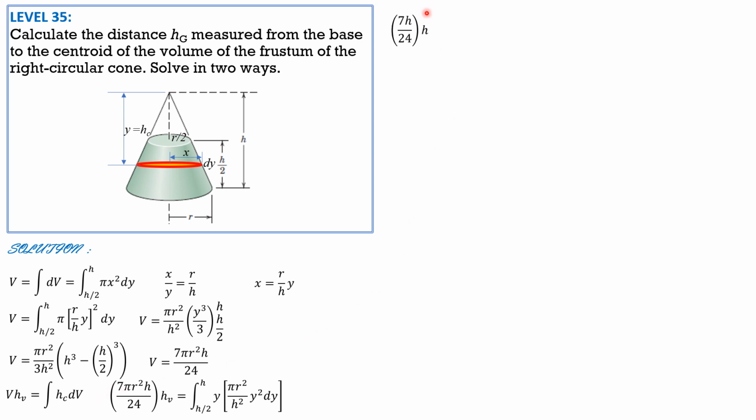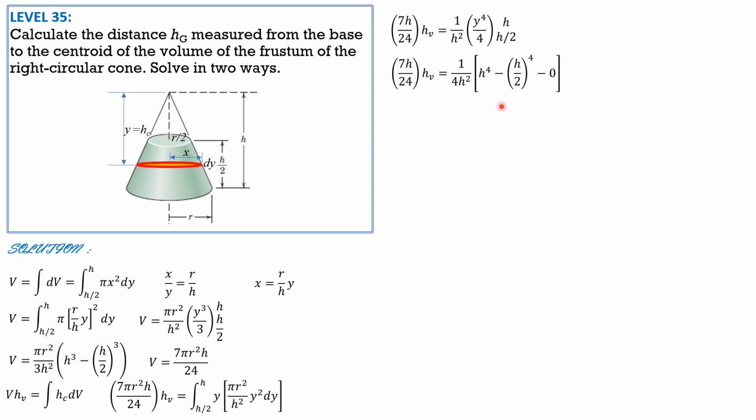So we have 7h over 24 times h sub v equals 1 over h squared, then integral of y cubed is y to the 4th over 4, from h over 2 to h. Simplifying, 7h over 24 h sub v equals 1 over 4h squared, quantity h to the 4th minus (h over 2) to the 4th, the lower limit 0 to the 4th, or 0. So this is h to the 4th minus h to the 4th over 16.